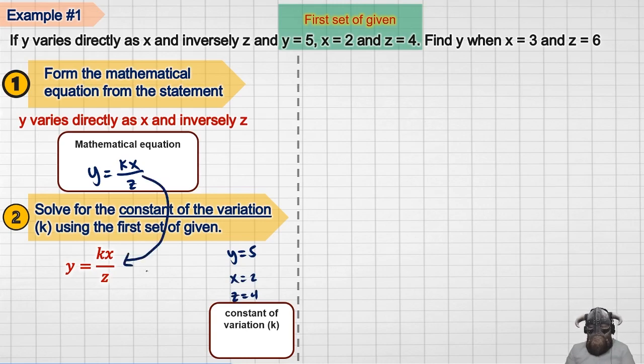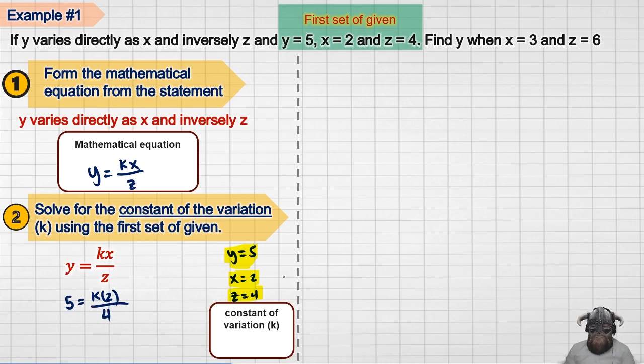From your mathematical equation, all you need to do is to substitute the following values. So, y is equal to 5. Let's substitute 5 for the variable y. And then, copy k, and then substitute 2 for x, all over z, which is equal to 4. So, we replace z with 4.